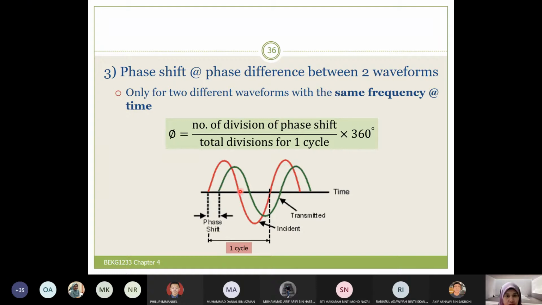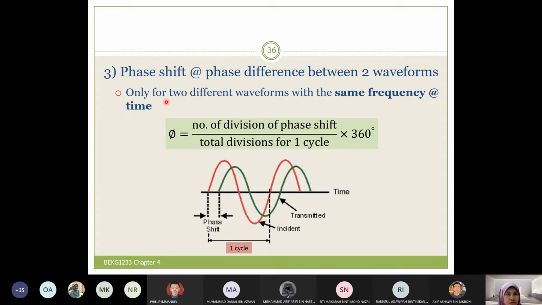Let's say we have two signals, the red and the green one. Now we want to calculate the phase shift or phase difference between two waveforms.